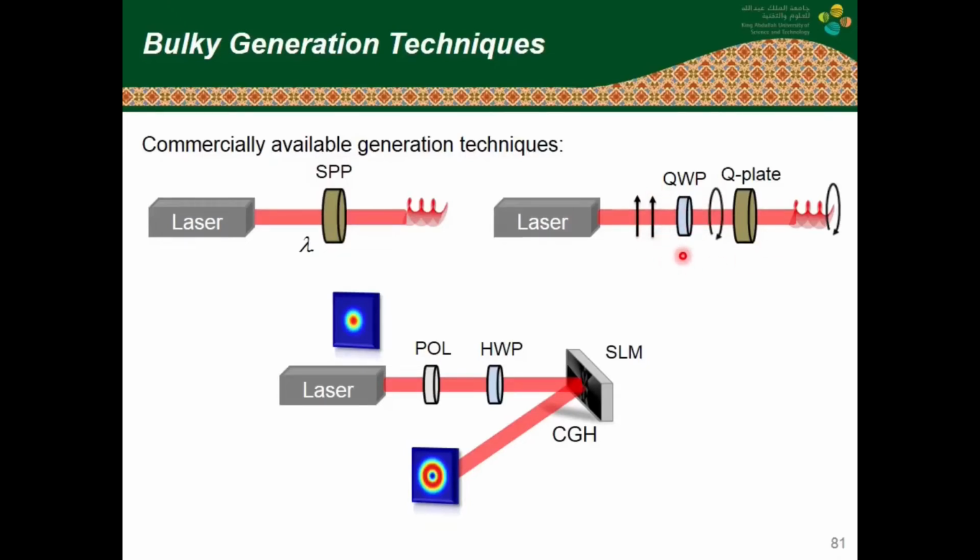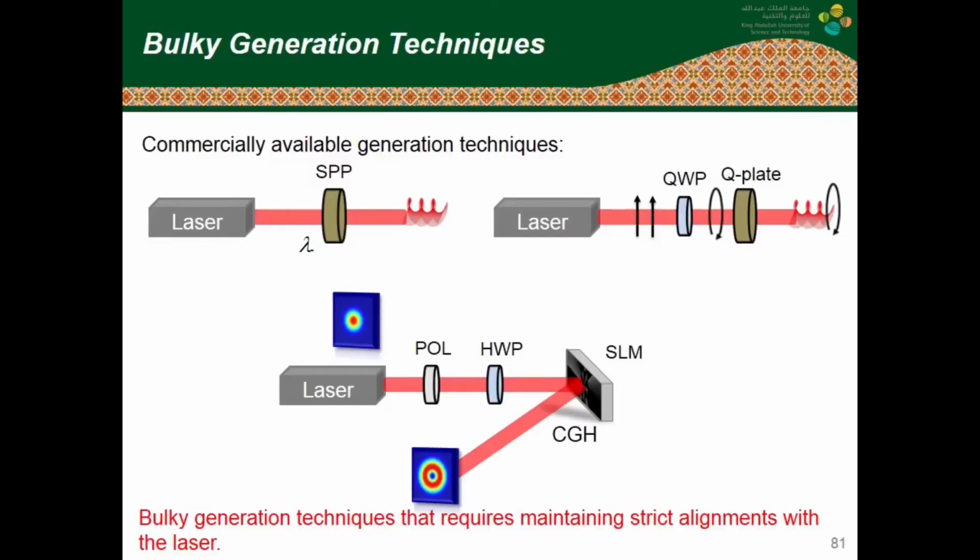They have a small bandwidth. Another option is to use a spatial light modulator, which will allow you to generate multiple beams depending on the hologram that is programmed on the SLM screen. But one thing in common for all these three methods is that they are bulky and require strict alignment for experiment.